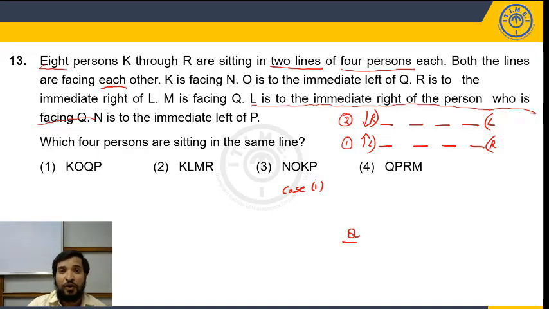L is to the immediate right of the person who is facing Q. In case 2, consider Q is facing south. Q's opposite immediate right should be L. These are the two cases I am going to get.